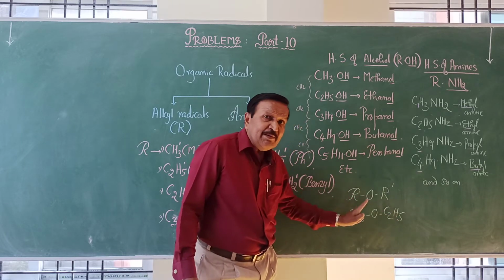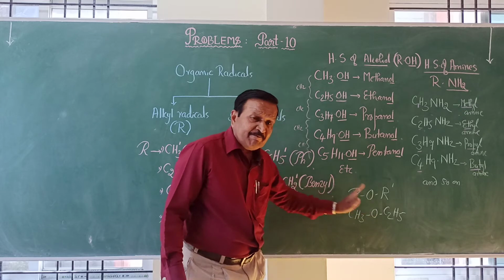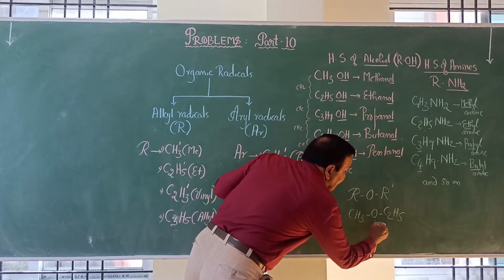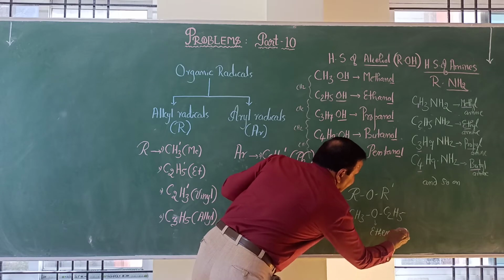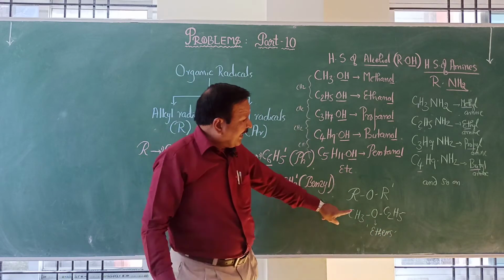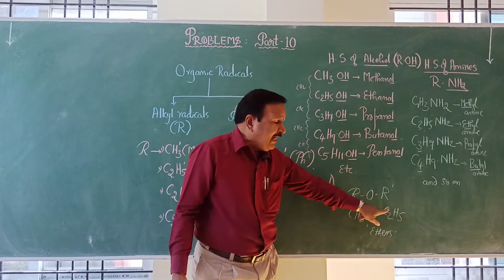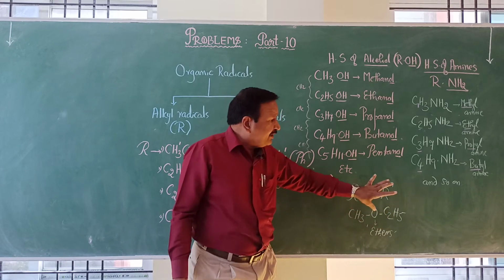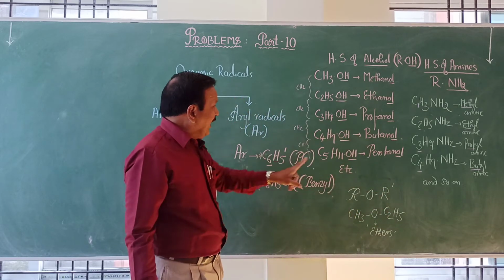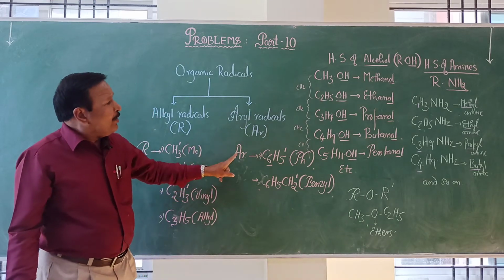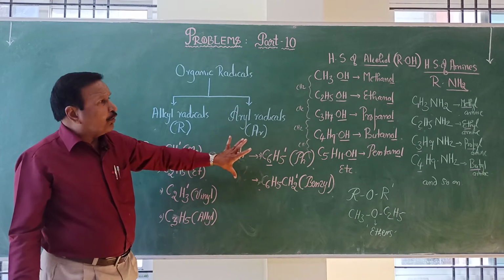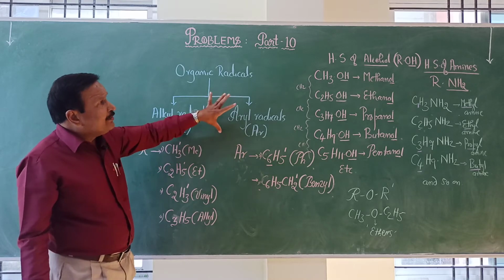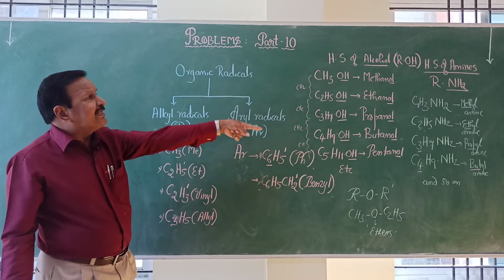So ethyl methyl ether. Compounds containing oxygen in this way are called ethers. So this is ether with attachment of one methyl group and one ethyl group. This R is going to help you a lot, and for AR you are having only phenyl group and benzyl group. These two you are going to study. This is how homologous series can be prepared.